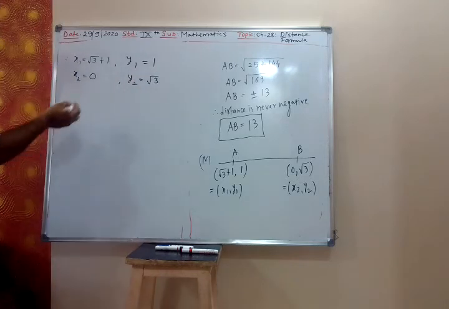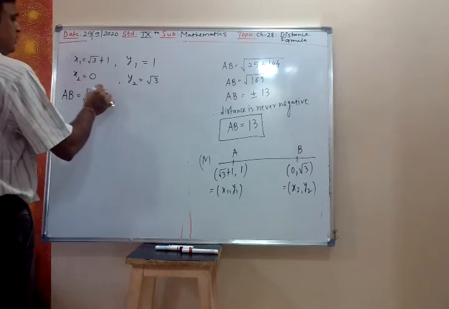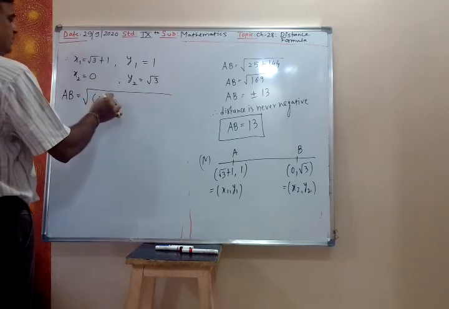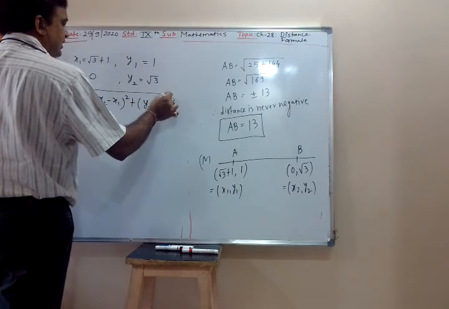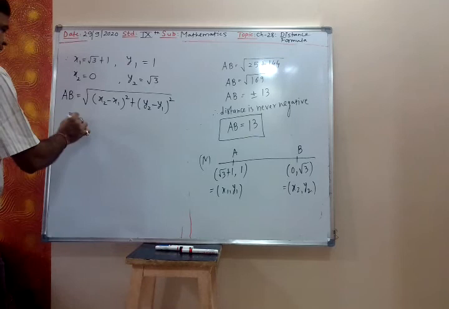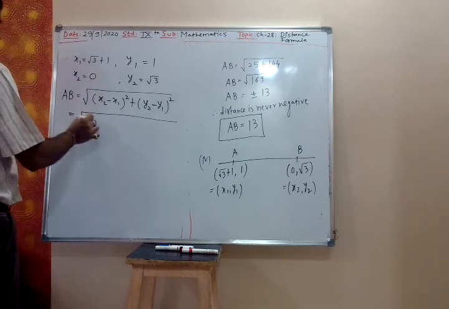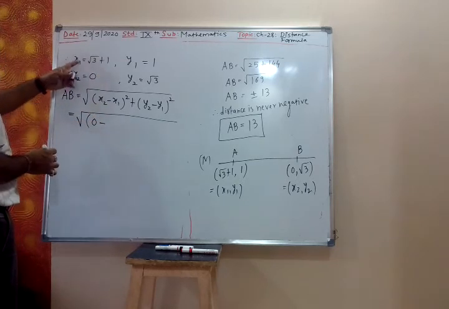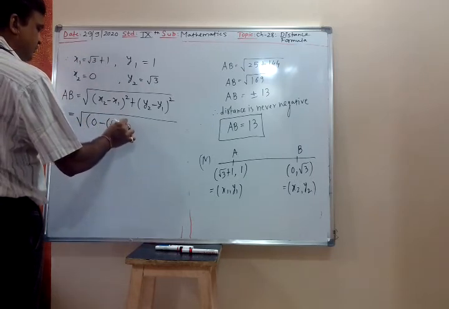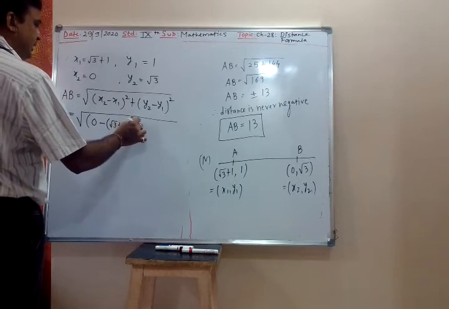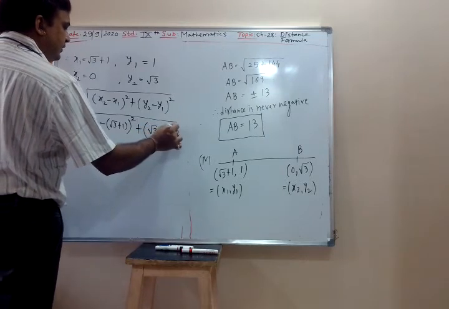So now we use the distance formula. AB is the square root of x2 minus x1 square plus y2 minus y1 square. So that will be the square root of 0 minus x1, what is x1, root 3 plus 1, so 0 minus root 3 plus 1 whole square, plus y2 is root 3 minus y1 is 1 whole square.